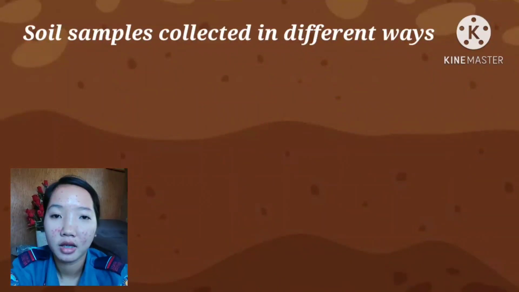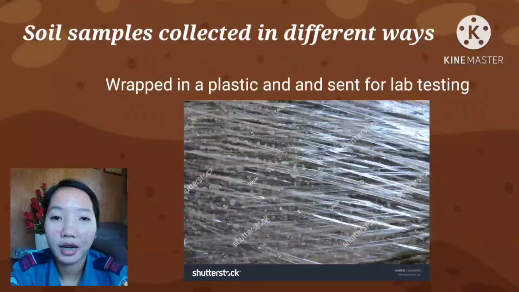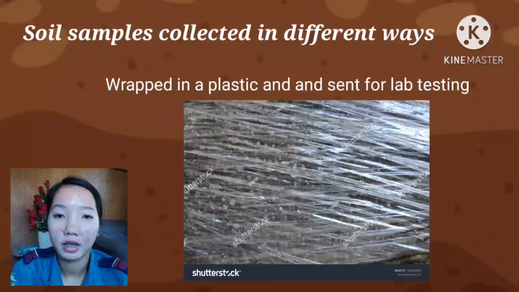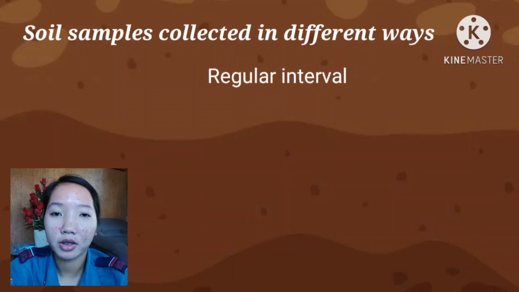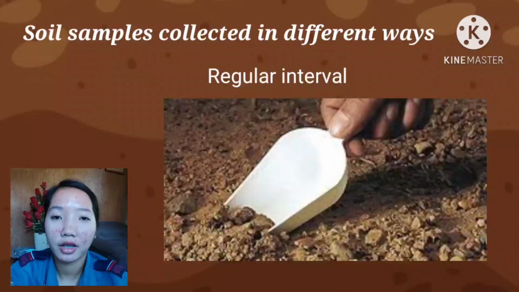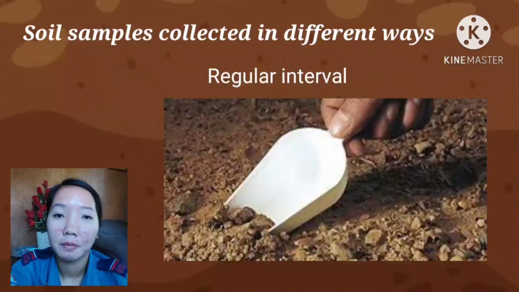Third is when found on a tool, it is wrapped with plastic and then sent to the lab for testing. Last is when collecting the samples from the body, samples should be taken at regular intervals and a different spoon should be used each time.